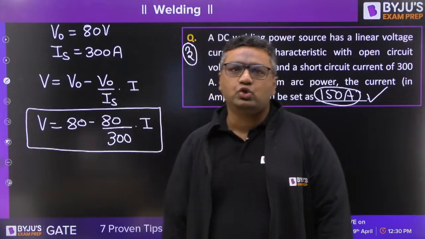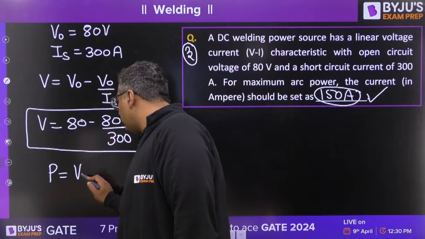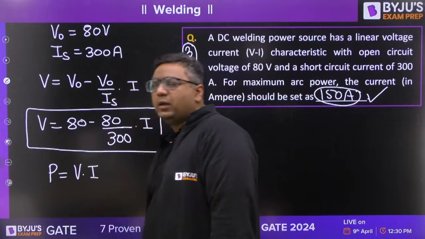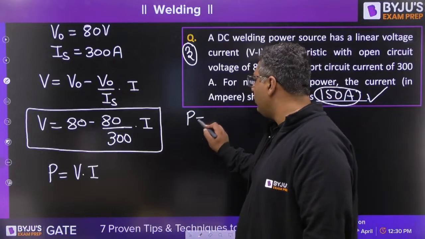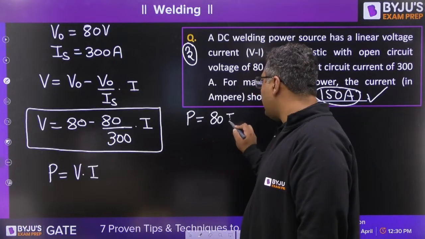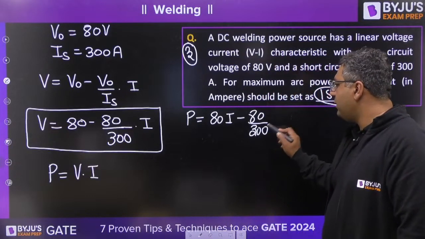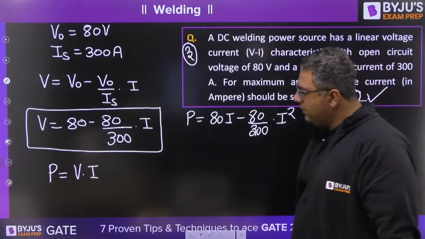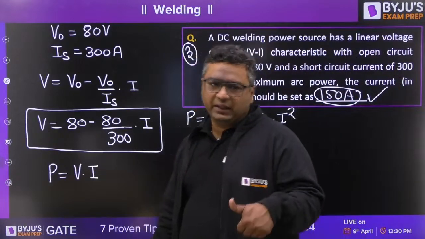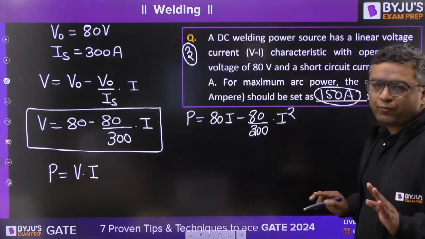And we are also aware of one fact, that power is given as V into I. So we can write the power to be 80I minus 80 by 300 into I square, when we multiply I with V. So guys, this is the equation of power.